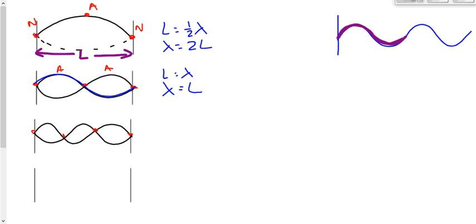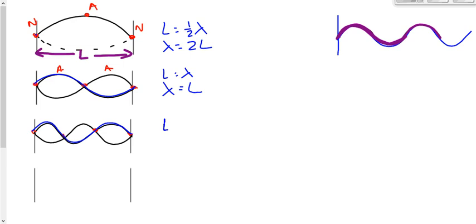What about the next one here? How much of a wave is this? There's 1, and then we go to there. That's like this one, right? Go from here to here. How much of a wave is that? That's 1.5. Now I'm going to write that as a fraction. You could write it as a decimal easily, but I'm going to write it as a fraction because it helps us to see a pattern that should pop up in just a moment.